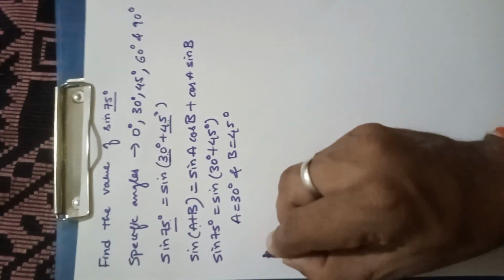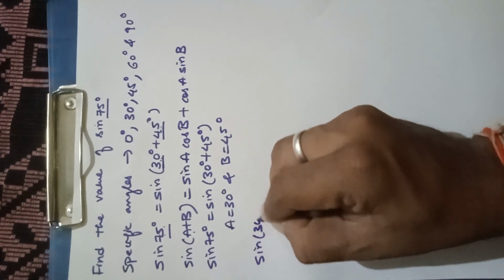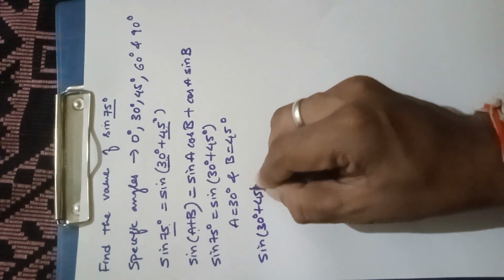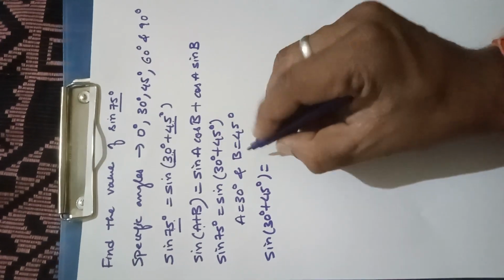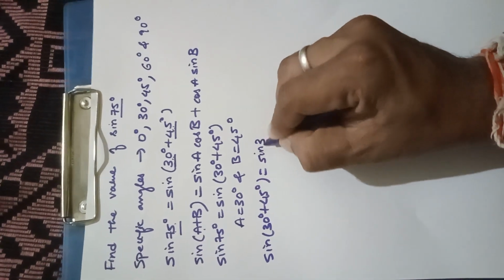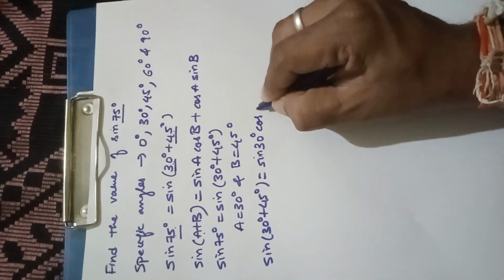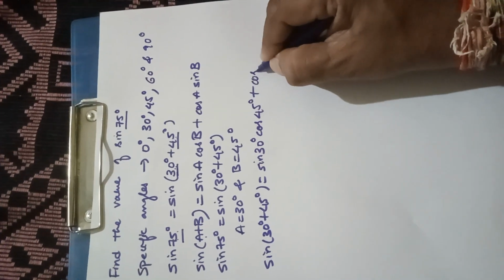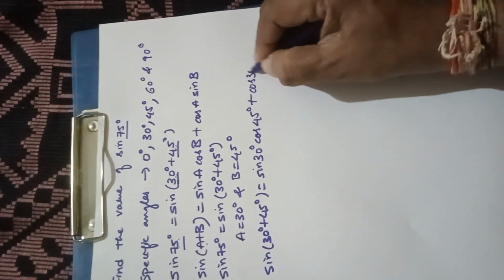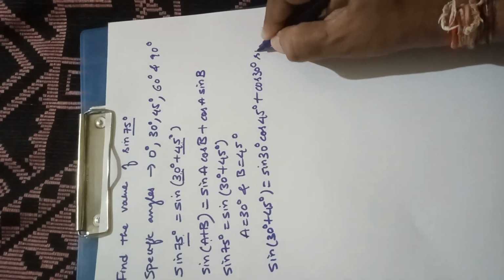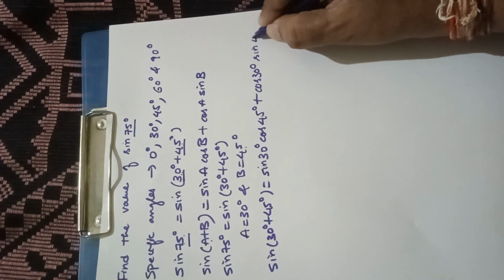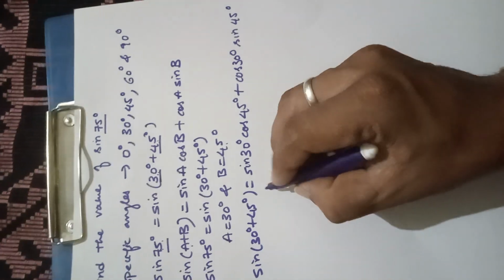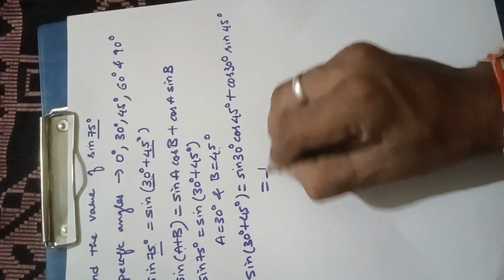So sine of 30 plus 45 degrees can be written as sine A cos B, that is sine 30 degrees cos 45 degrees, plus cos A sine B, that is cos 30 degrees sine 45 degrees.